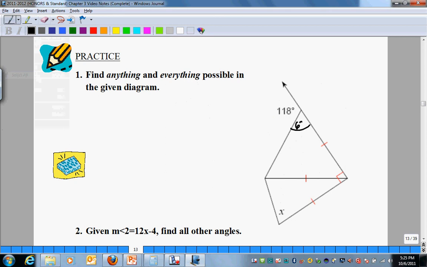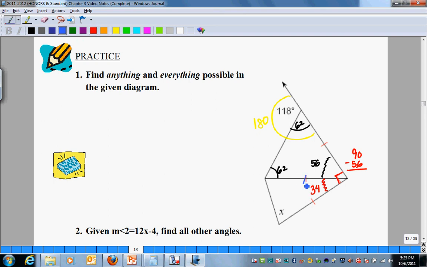Once again, this is 62. This is 62. Right here is going to be 56 degrees. I see here I had 90 degrees, so I'm going to take 90 minus 56. And this becomes 34.